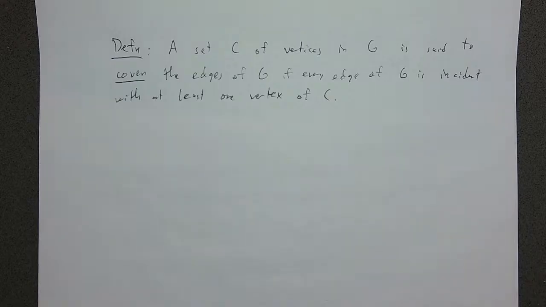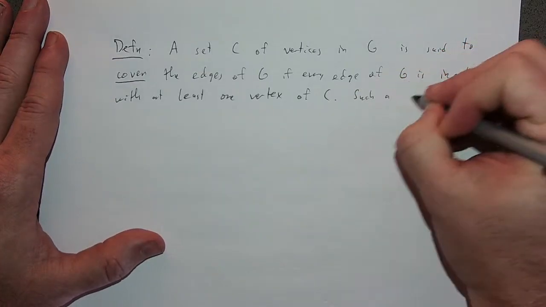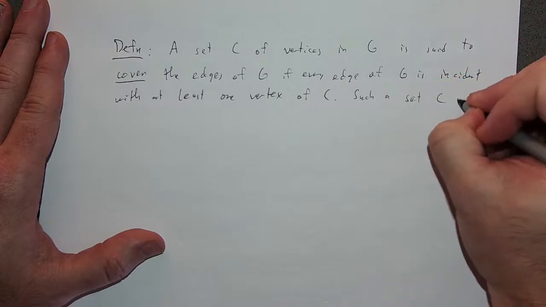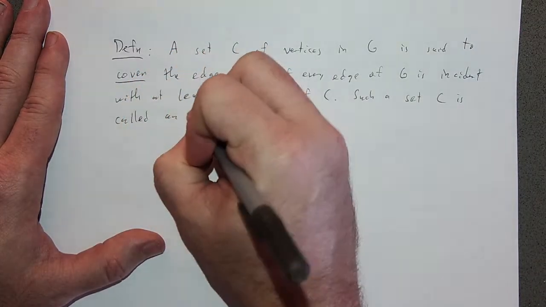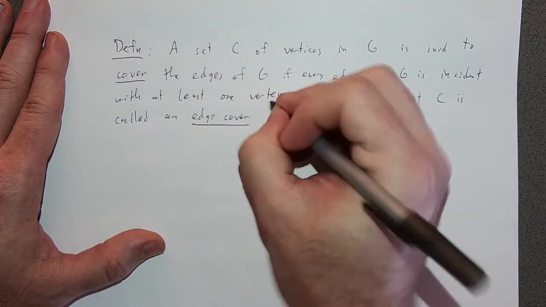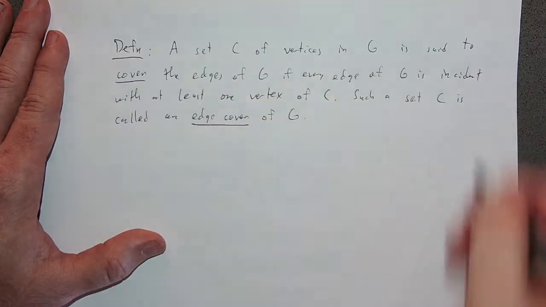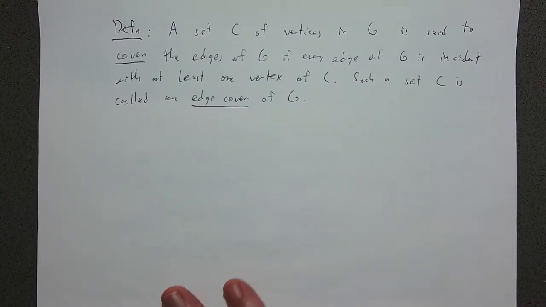Such a set C is called an edge cover of G.